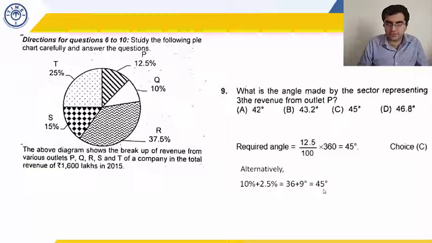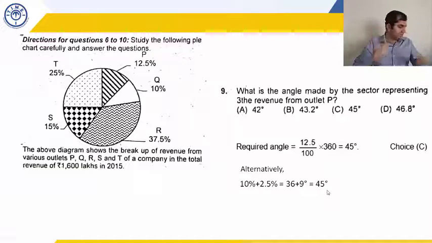So again, going back to the basics from slide number 2. 10% corresponds to 36 degree. Actually, this should be an arrow over here because percentage cannot be equal to degree, it will correspond to it. So instead of an equal to, please put an arrow over here. 10% is 36 degree, 2.5% is 9 degree, and that gives you a total of 45 degrees.